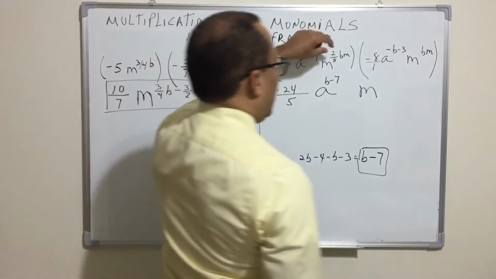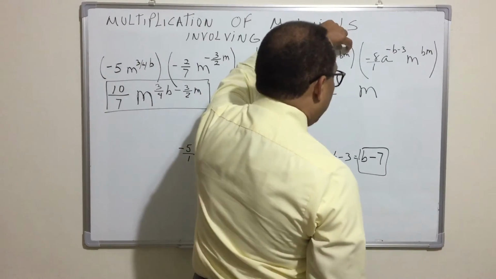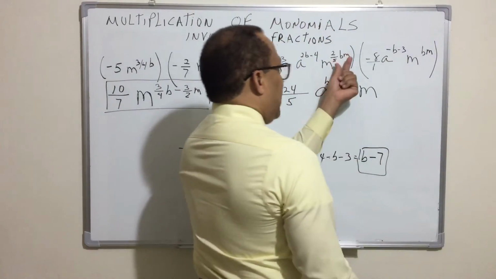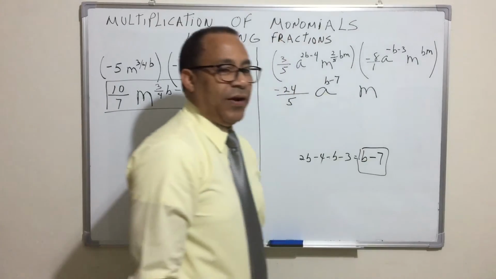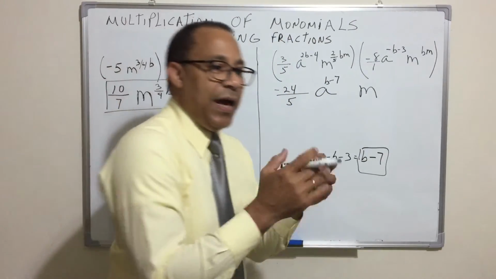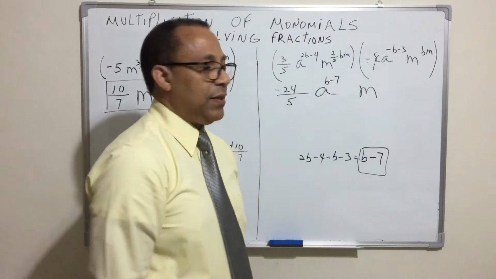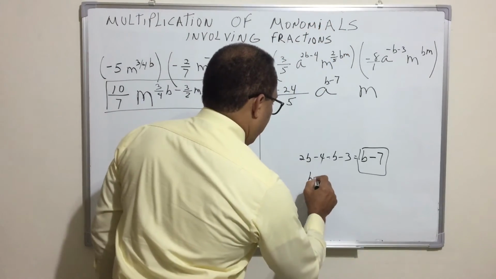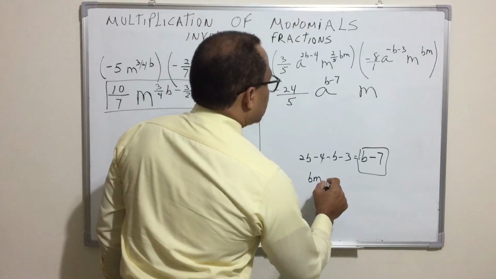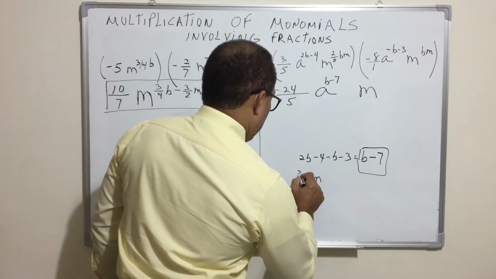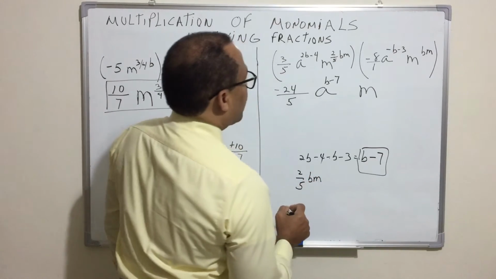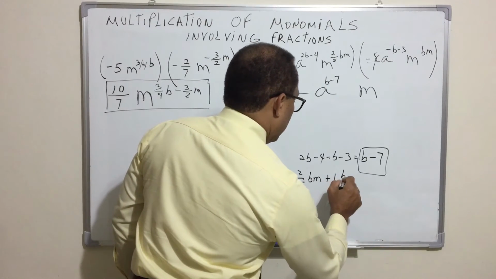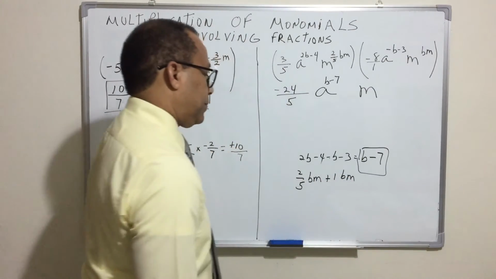And now I have 2/5 bm and bm. They are like terms. They may be added or subtracted. I'll bring down the bm, 2/5 bm plus 1 bm.